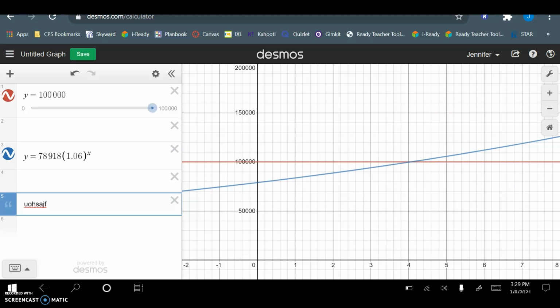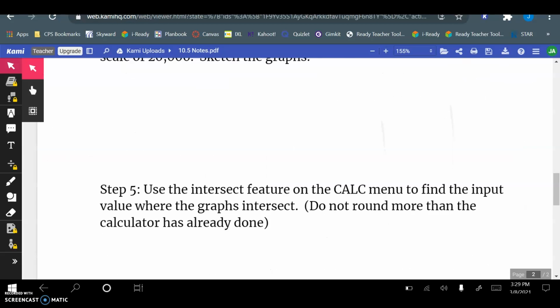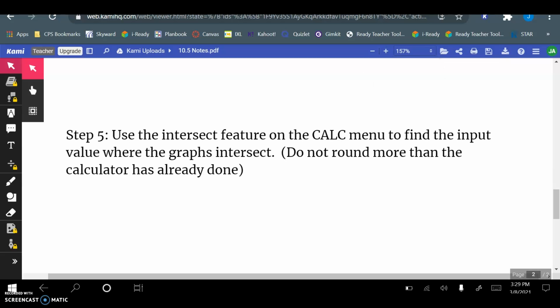So I have graphed these here on our Desmos graphing calculator, and this is what we have zoomed into the window given. And the question is asking us to use the intersect feature on the calc menu to find the input value where the graphs intersect. Do not round more than the calculator has already done.